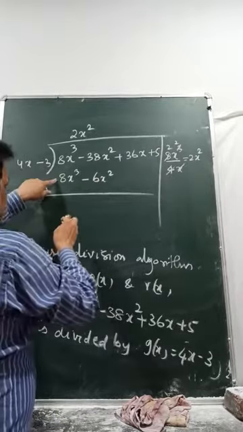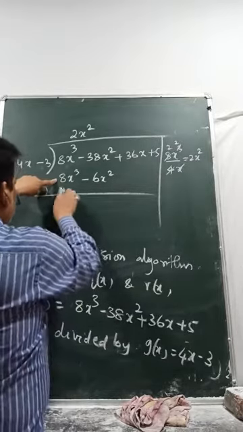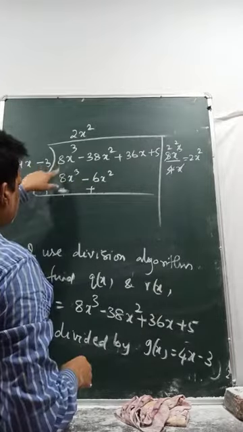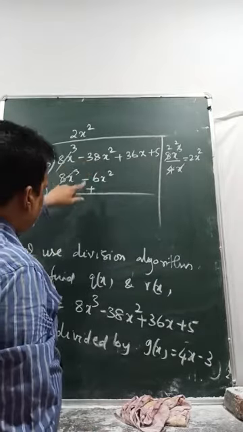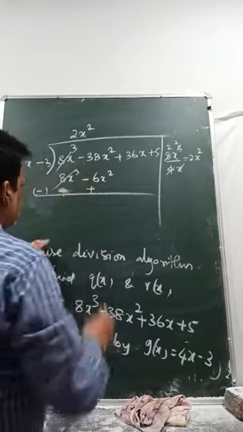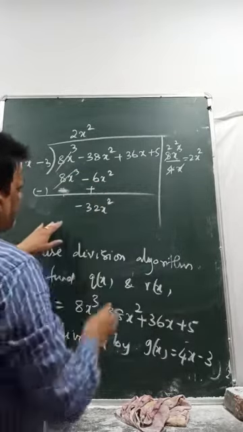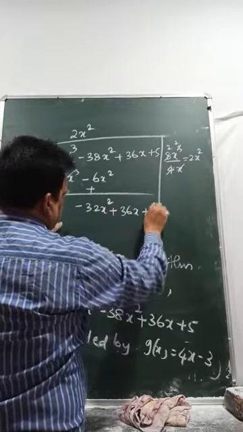Now subtract. When you subtract, the sign will change. Plus will be minus, minus will be plus. So 8x cube minus 8x cube is cancelled. Now minus 38 minus 6, 38 plus 6, minus 32x square plus 36x plus 5.